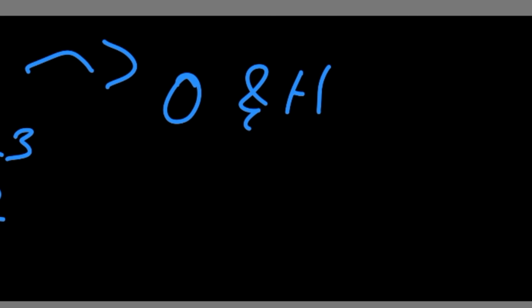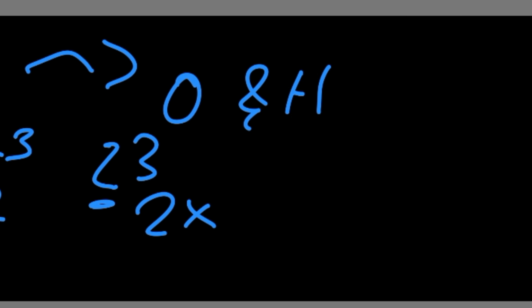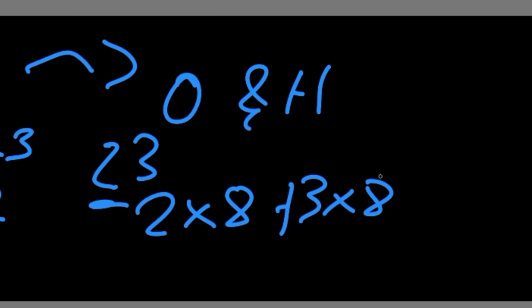Now it's very similar for octal and hexadecimal. In octal, for example, if there was a number 23, we just multiply each digit with the base number. As we did in binary, in octal the base number is 8, so we multiply by 8 and put the power starting from the right, 0 and 1.